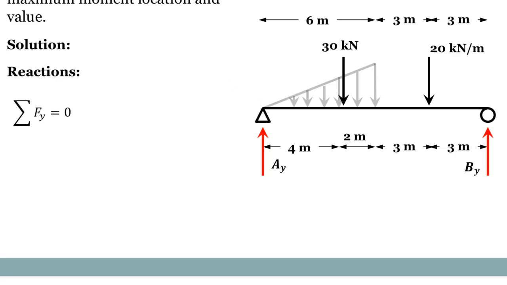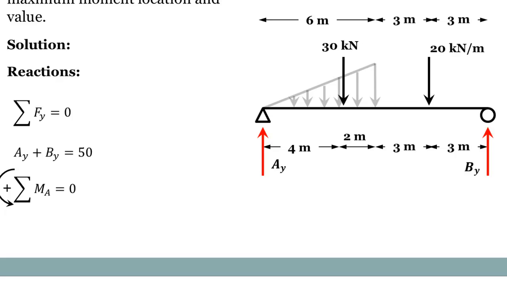Now all I need to do is sum the moments and sum the forces in the y direction. I have AY plus BY should equal 50, where the 50 is the 30 plus 20. Now I need to take the moments about A and set that equal to 0.